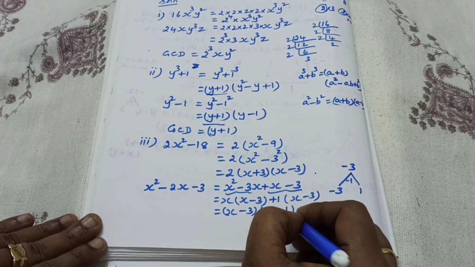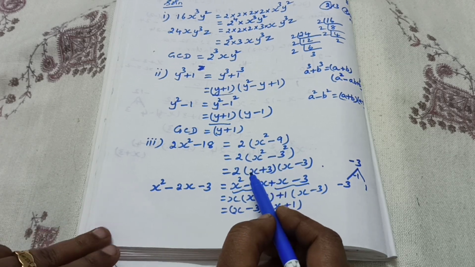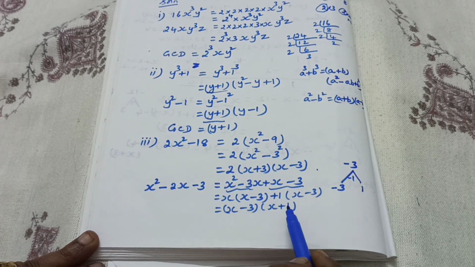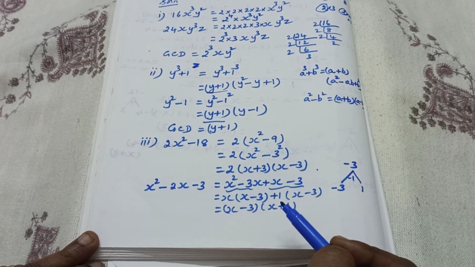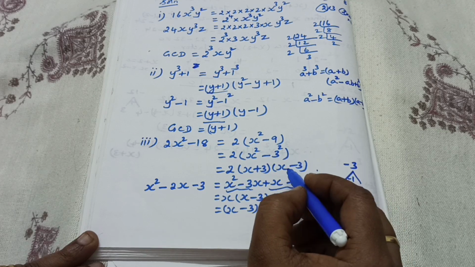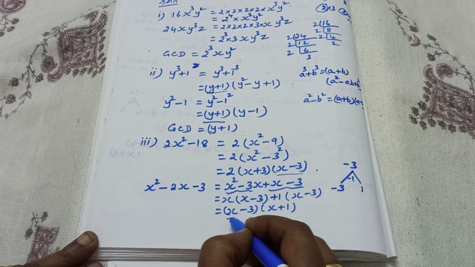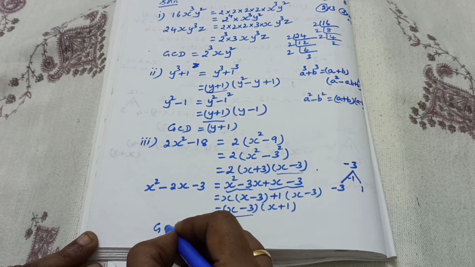Now we have to check this polynomial. Here we got some factors, and here also in this polynomial we got some factors, isn't it? And compare these two. Which is common? Very good. X minus 3 is common. In both, x minus 3 is there. So at once you write the answer.